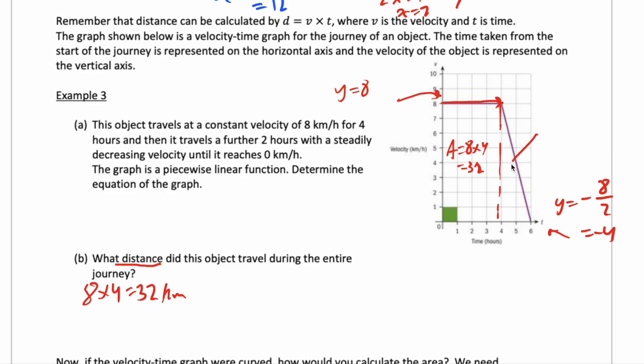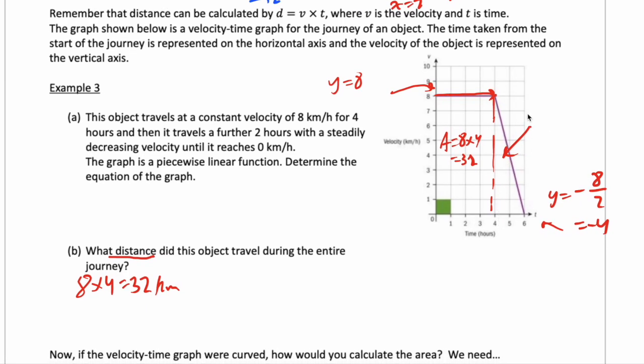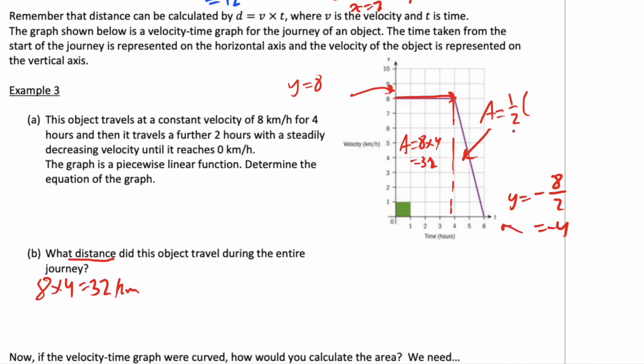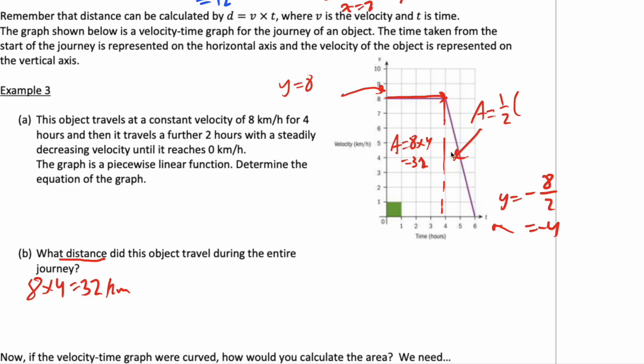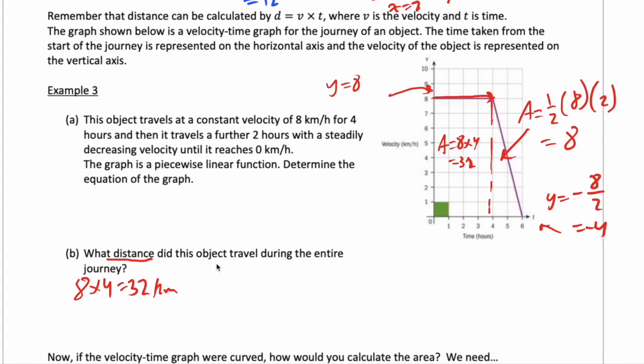Over here, we can do the same thing. The area is a triangle, so it's half base times height. I could have done a trapezoid for the whole thing, of course, since this whole thing is a trapezoid, but I've split it into a rectangle and a triangle. Half of 8 times this distance, 2, so that's 4 times 2, which is 8.